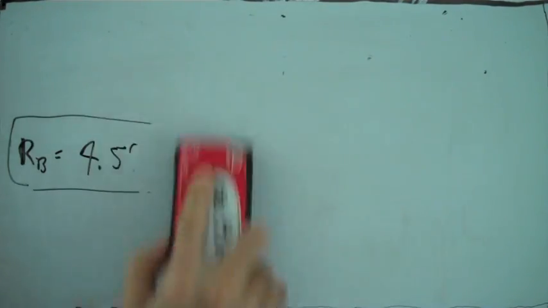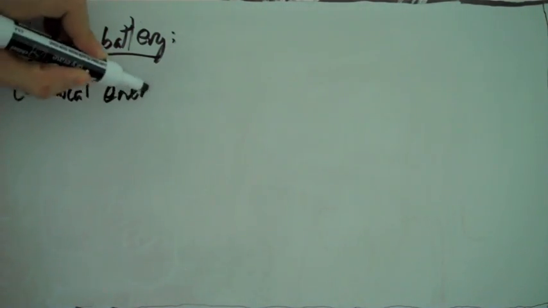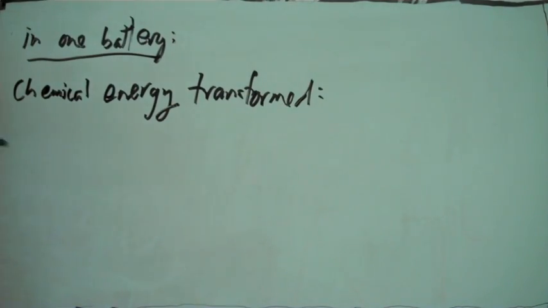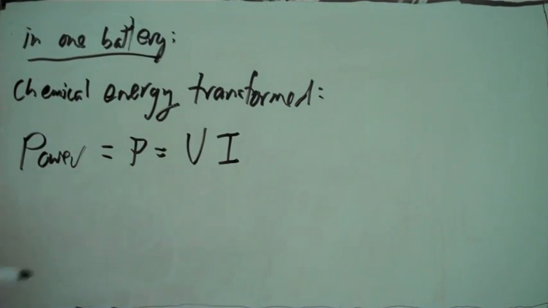Now, in the second part of the problem, we want to find the total chemical energy transformed by one battery. Well, the chemical energy transformed is just equal to the power that this battery delivers.